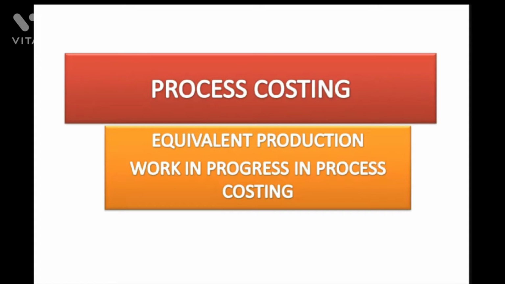What is process costing? It is a method of determination of cost in which the production is carried on by some processes. Okay, process one, process two, process three, like that.